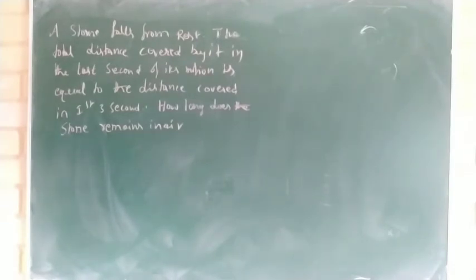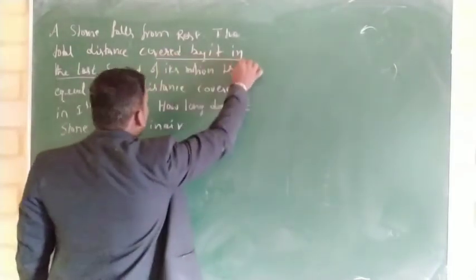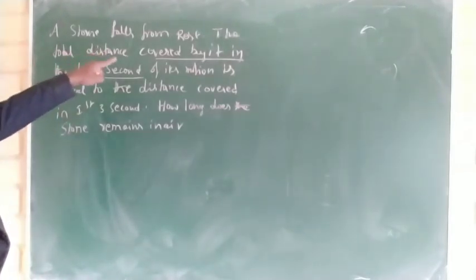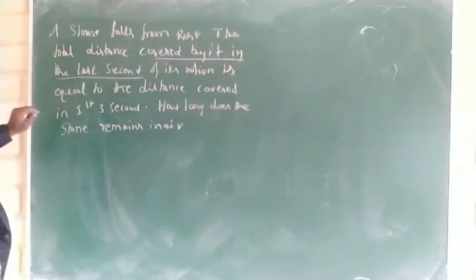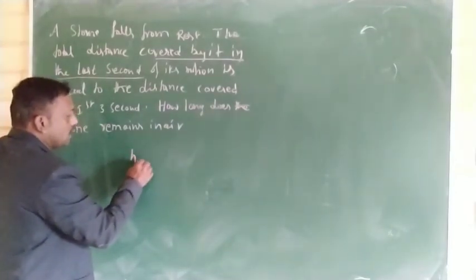The total distance covered by it in the last second of its motion is equal to the distance covered in the first 3 seconds. The total distance covered by it in the last second is h nth, the nth second.